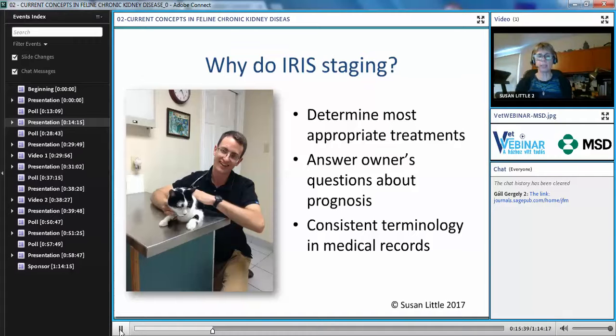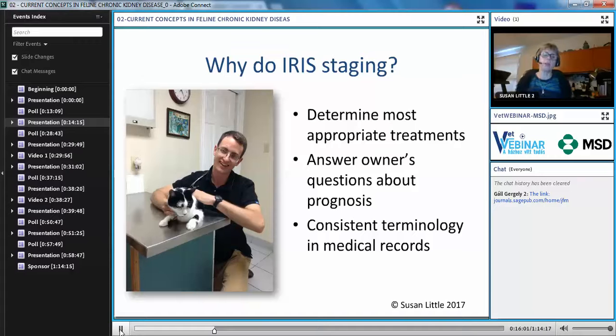There also is some data in the veterinary literature about longevity based on IRIS stage of kidney disease. So it can help us answer questions that owners often have about how long their cat's going to live once they get the diagnosis of chronic kidney disease. And it makes it easier for you and I to talk to each other.